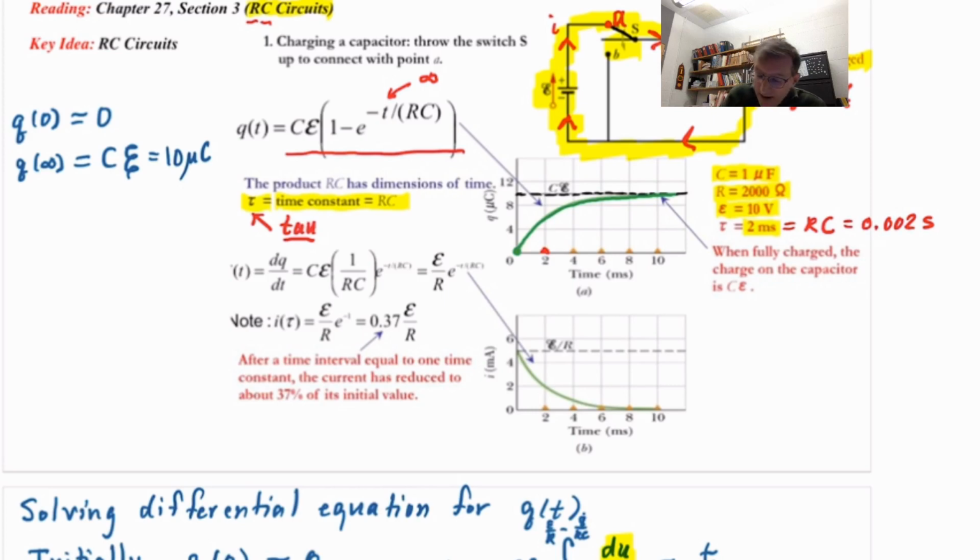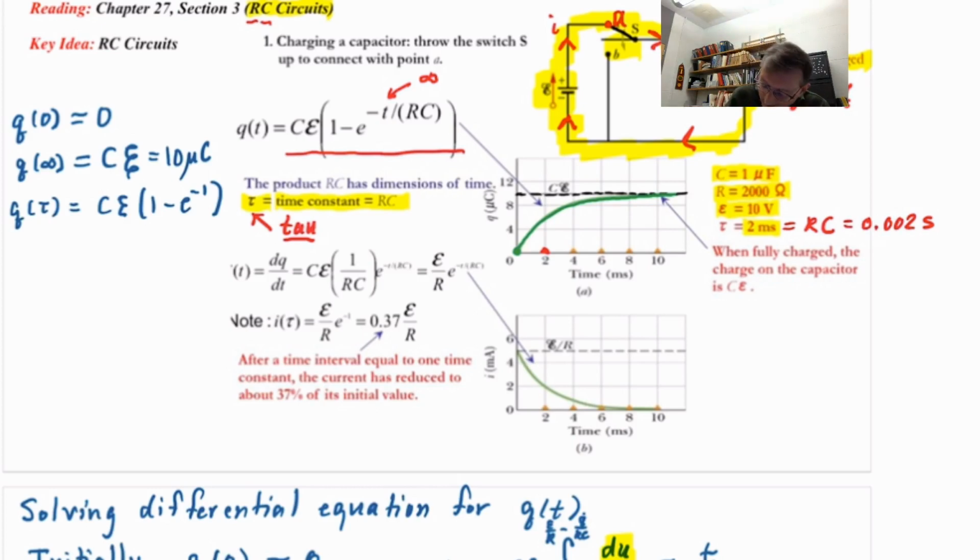And when you're at 1 time constant, Q at t equals tau, remember tau is just R times C, the formula for Q is that, because you plug in for t the value tau, which is RC, and you're just getting e to the minus 1.